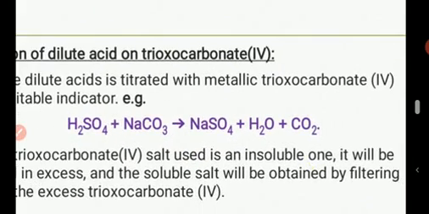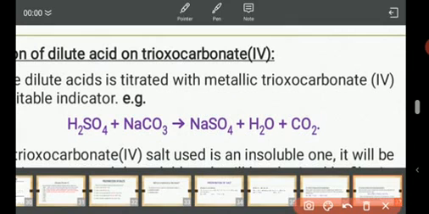We have an acid, H2SO4. Now, a carbonate salt is this. What you do is add the carbonate salt bit by bit. Use a spatula to pick the carbonate salt and put it into the H2SO4.